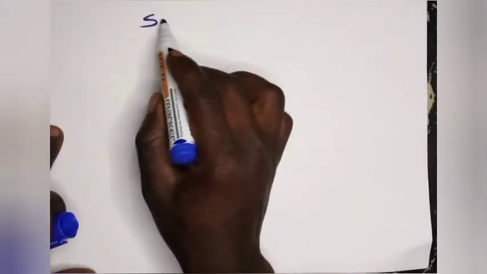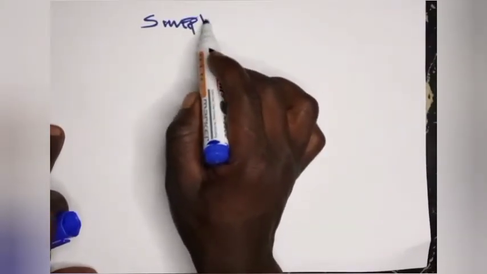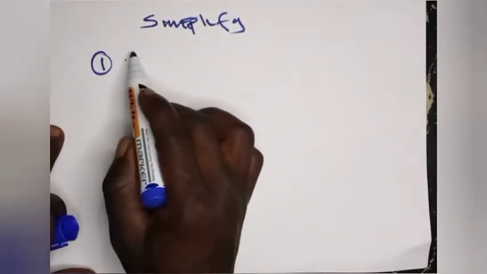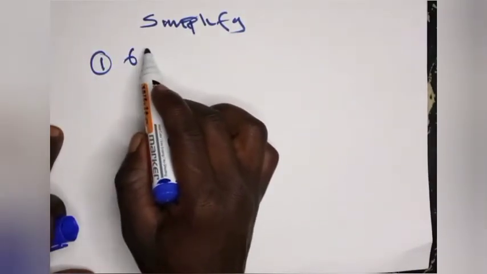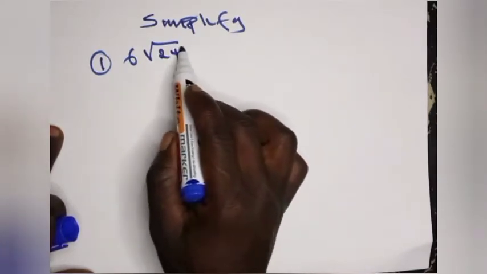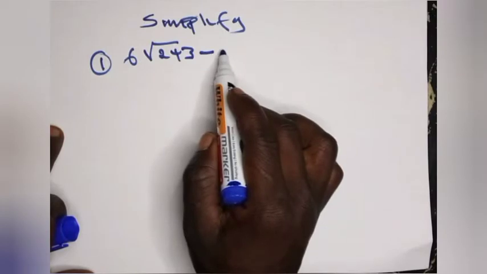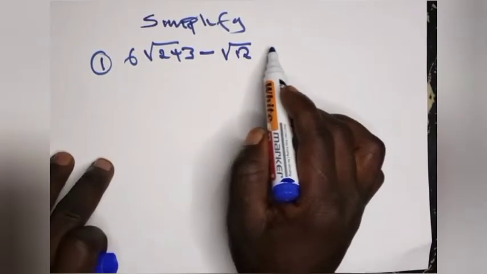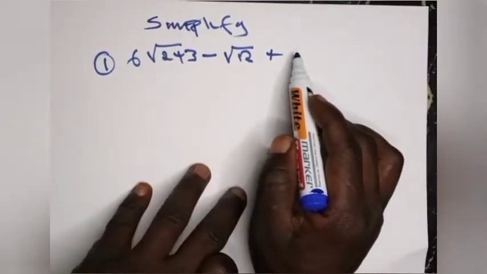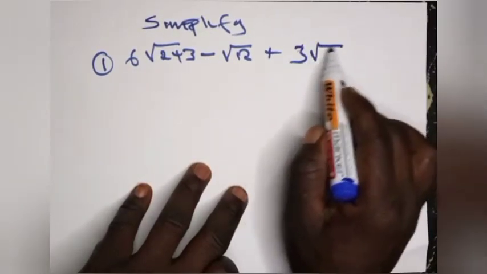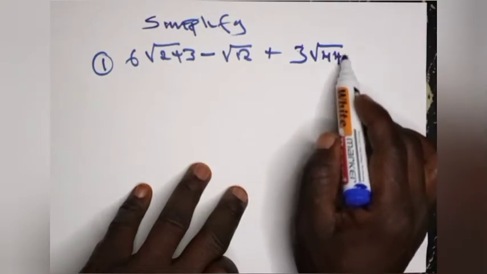So now let's simplify. Number 1, which is 6 root 243 minus root 12 plus 3 root 441.